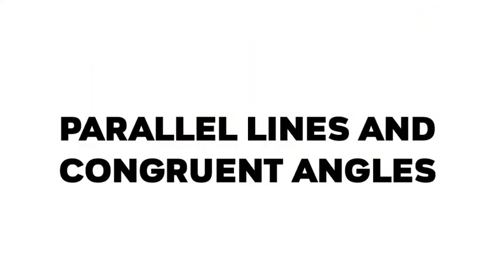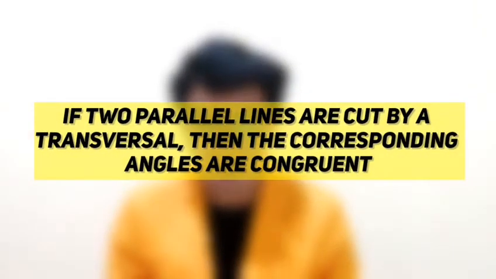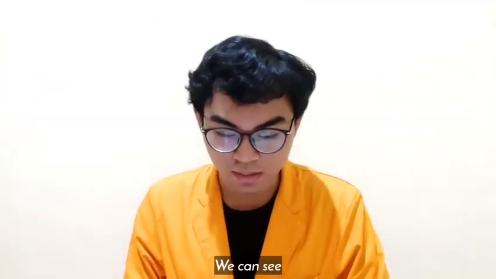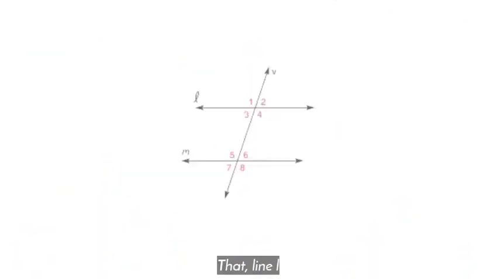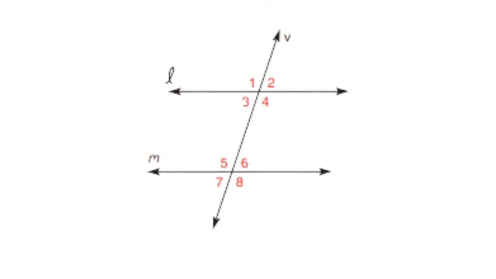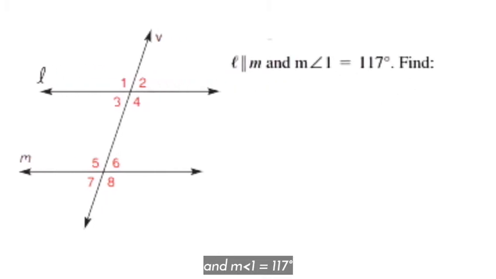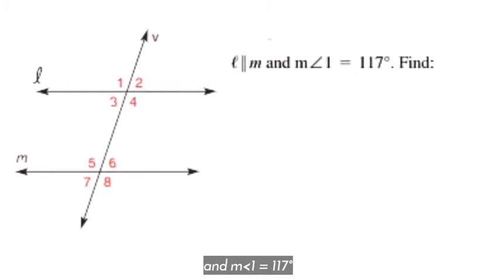Next, parallel lines and congruent angles. By definition, if two parallel lines are cut by a transversal, then the corresponding angles are congruent. Let's jump to the example. We can see that line L and line M are parallel, and the magnitude of angle 1 is equal to 170 degrees.